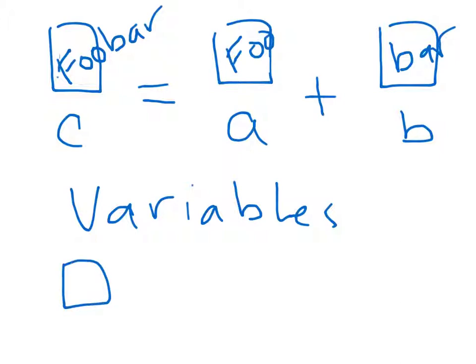We can think of them as boxes, and we can put information or data into these boxes or these variables, and we can use them in some way in our programs.